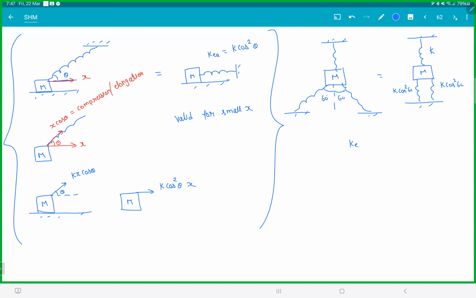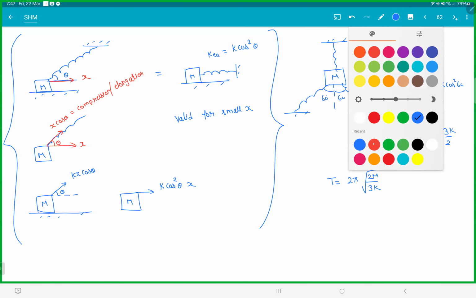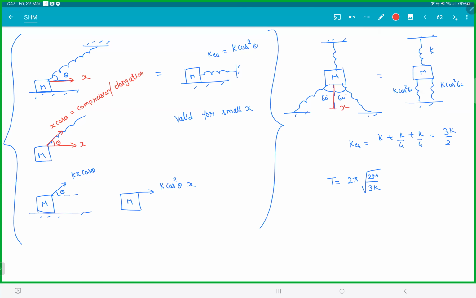And here we can see K equivalent, everything adds up actually. K plus K by 4 plus K by 4, 3K by 2. Time period is 2 pi root over M by 3K. Actually, if you solve now, here also use the same logic. Displaced by X, then this compression will be X cos 60, X cos 60. Then we will see the force is Kx by 2 times cos 60, Kx by 2 times cos 60. Same thing, I just showed you with a general theta and X.